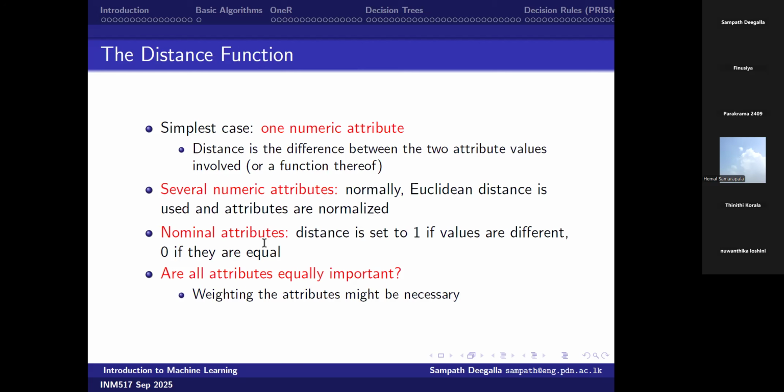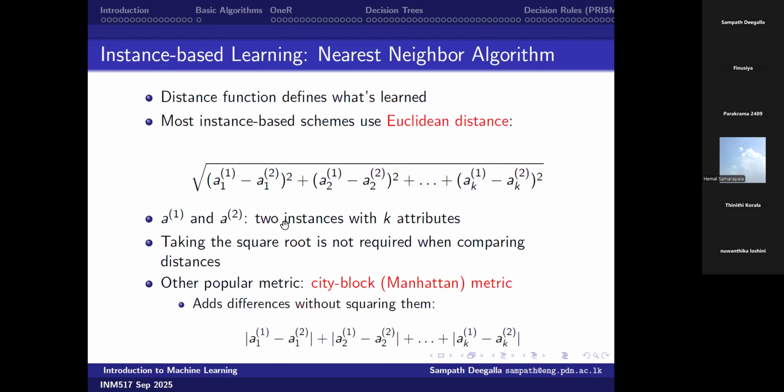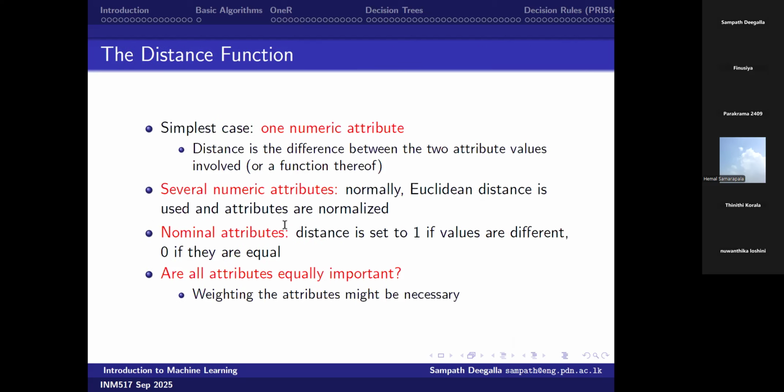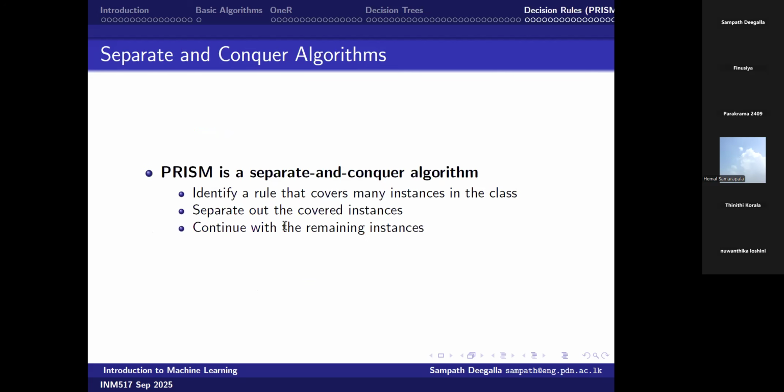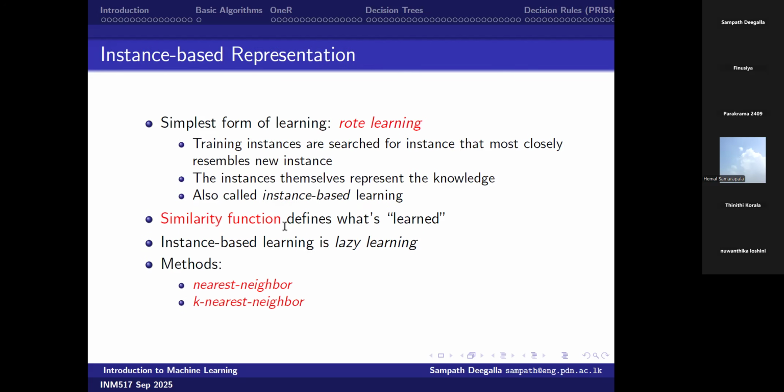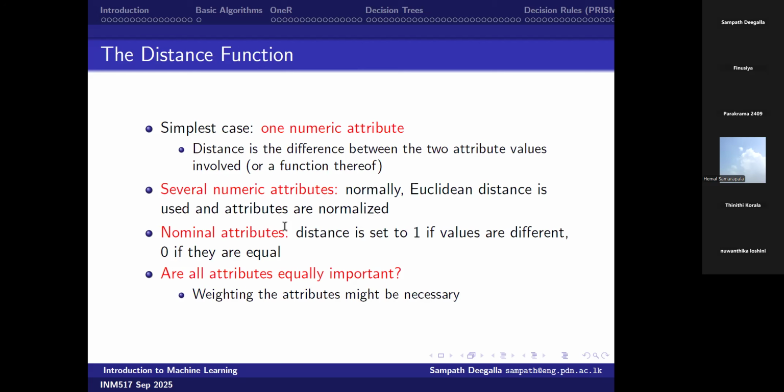Now, I told you about the similarity function, but if you look at calculating similarities, the most common one is called Euclidean distance. That means you are trying to find the geometrical distance between the instances. So that's what is generally used.